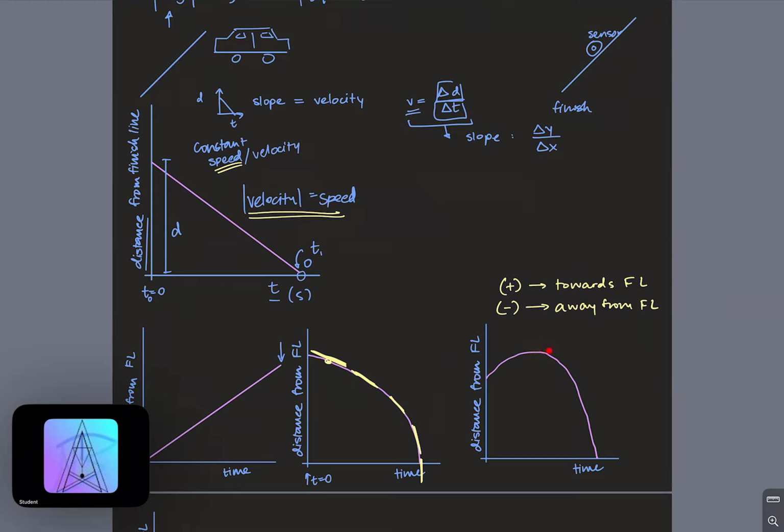That means from zero it's becoming positive, as we can see in the previous example, as the slope is steep. So that means velocity, or you can say the speed, is increasing. Yes, but because our convention is that positive is towards the finish line, this way, that's why this is technically positive. Positive slope. Yes. Okay, perfect.